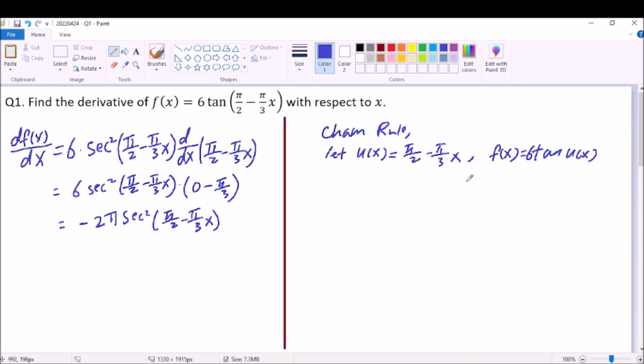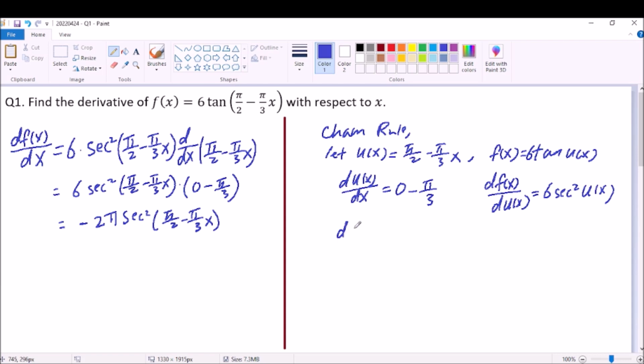So when we differentiate, df/du, we get 6 secant squared u(x), and du/dx is 0 minus pi over 3.